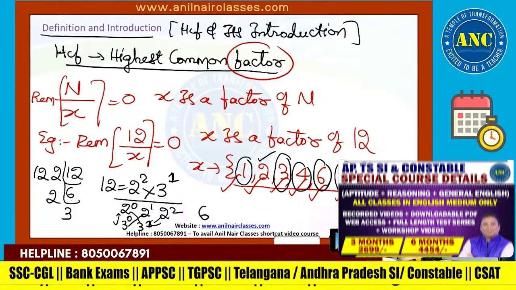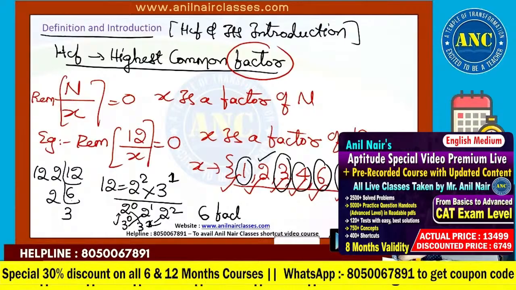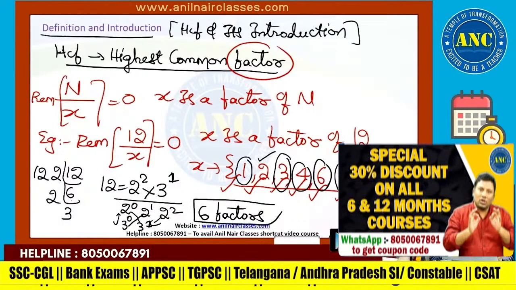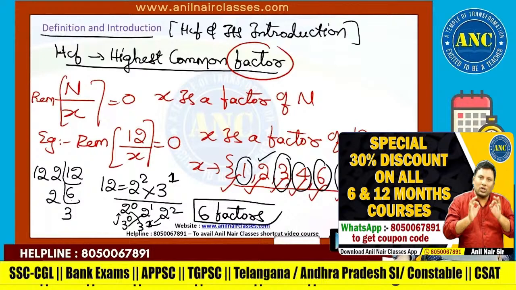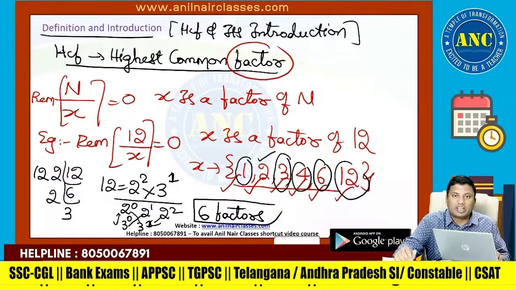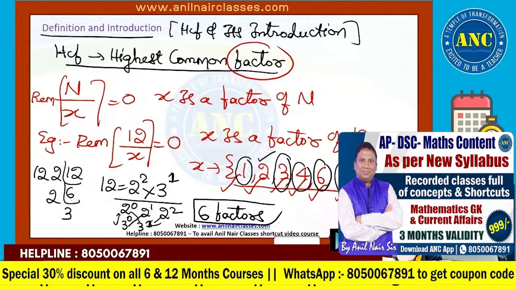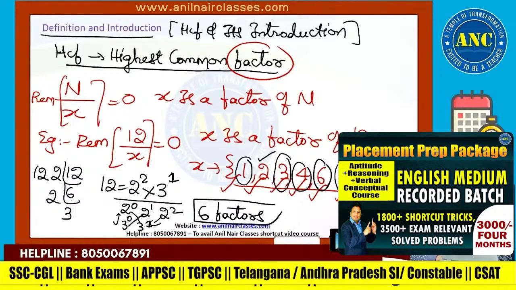So totally 6 factors are there for 12. Anyway, in the factors and multiples class, I am going to explain in detail how to write down all the factors of 12.